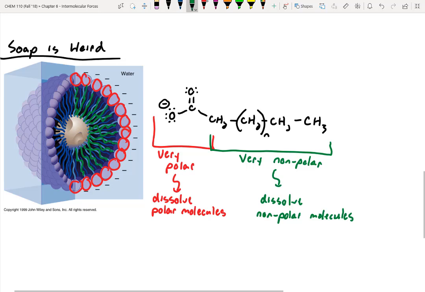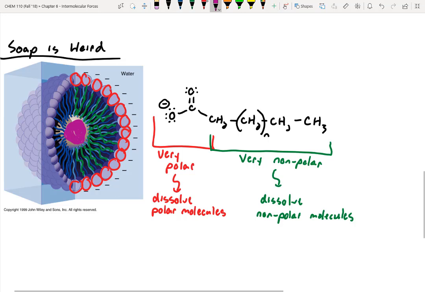The great thing with this, though, is let's say you're doing dishes and you've got a greasy pan with a lot of oil on it. That oil droplet can be wrapped up in the middle of all of those green tails because the green tails are also nonpolar and attracted to that oil.